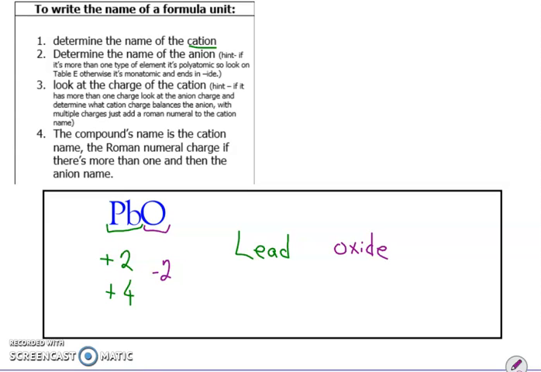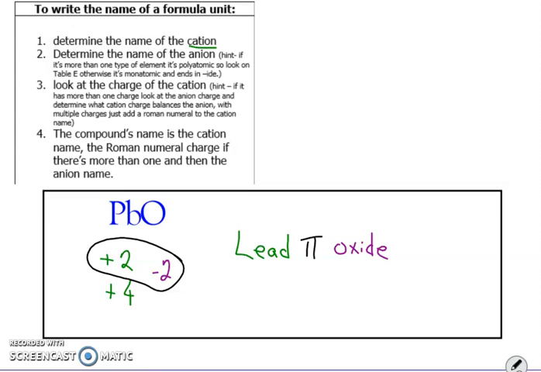So which one of those is going to make my formula neutral? Well, you've got to look at the formula, and the formula shows that we have 1 lead and we have 1 oxide. So we need a 1-to-1 ratio, so it's going to have to be this scenario here where we have a +2 and a -2. And so it's going to be the +2 variety of lead.